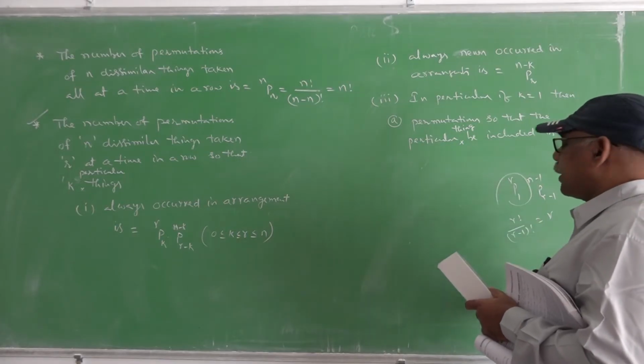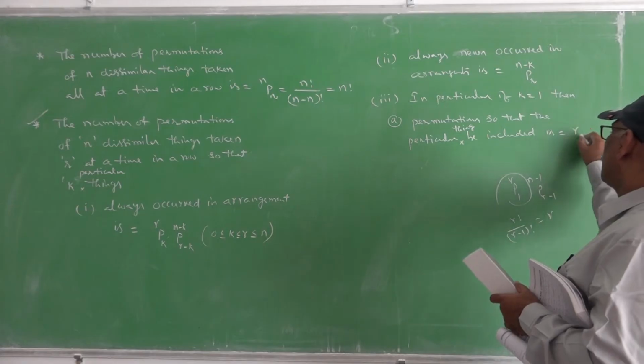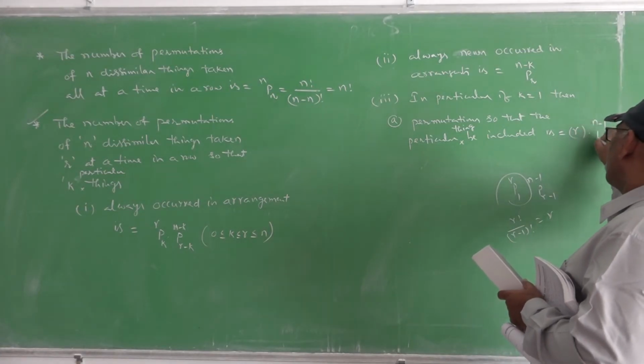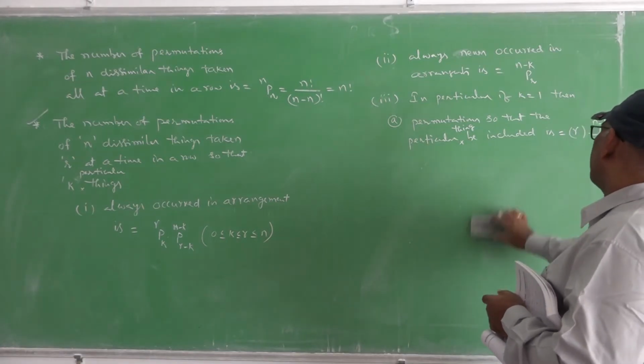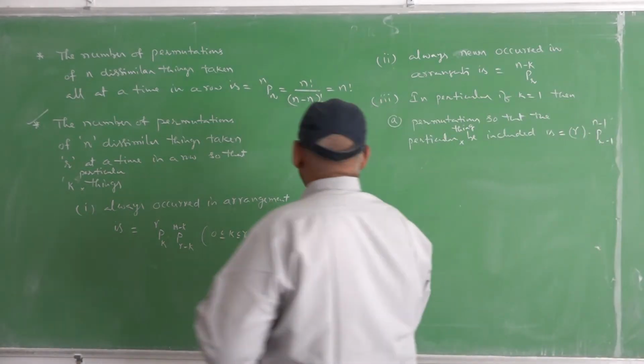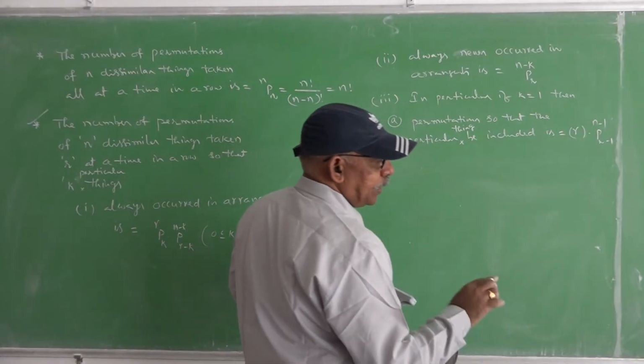So you can take it as r. Therefore r into n minus 1 P r minus 1, so that the particular thing is always included in the arrangement.